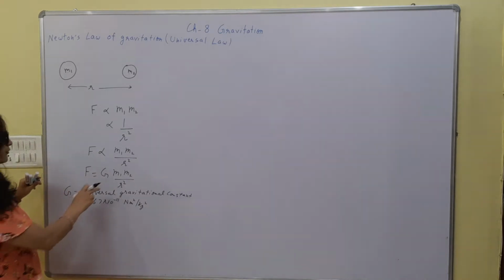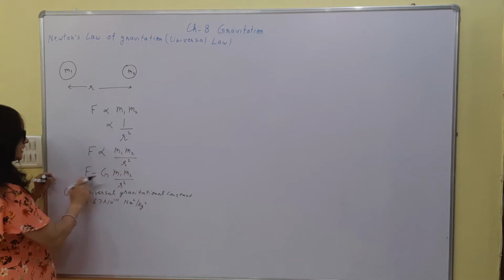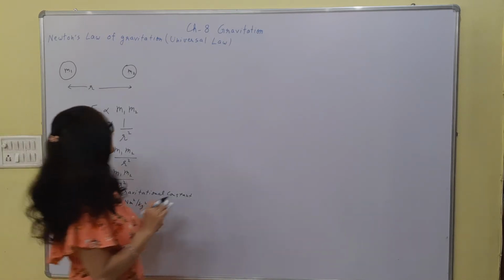Why so? Because if you look at the units of G, we'll keep G on one side. This will be Newton into meter square upon kg into kg. So this will be the unit of universal gravitational constant.